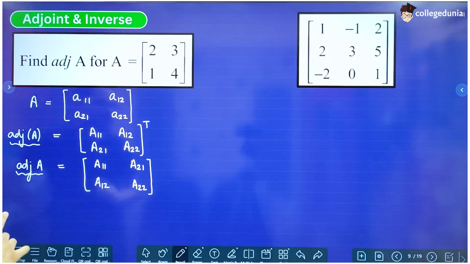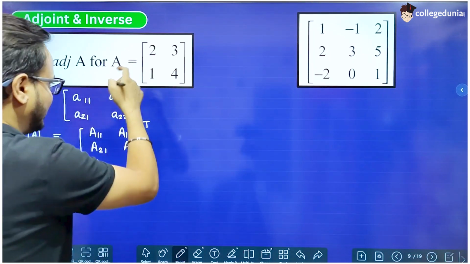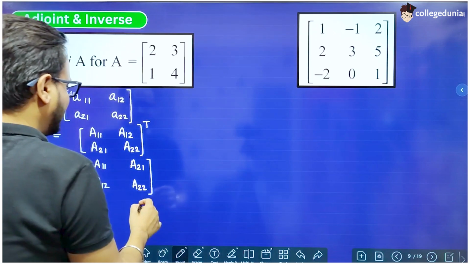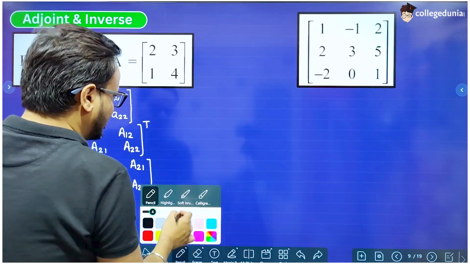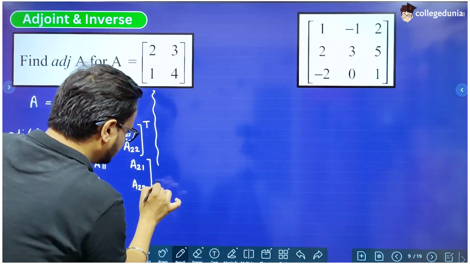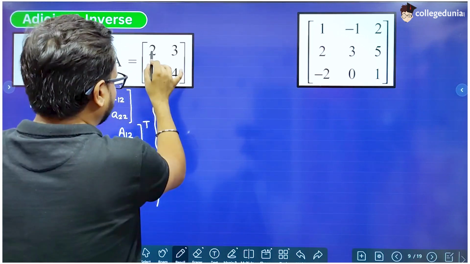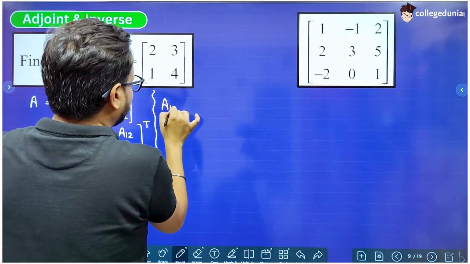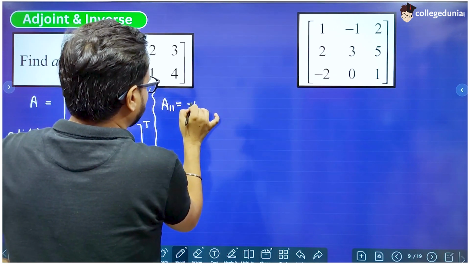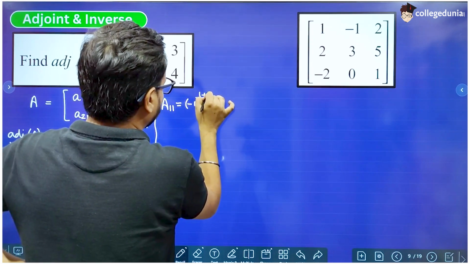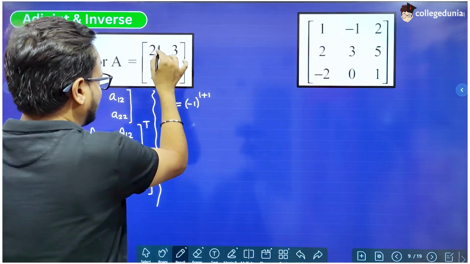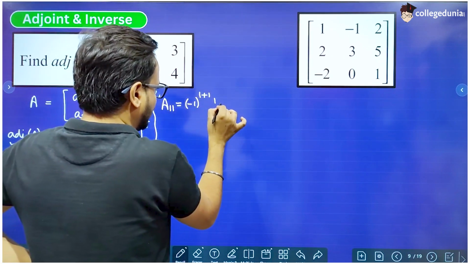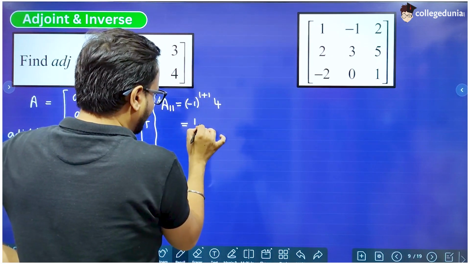So that is adjoint, right? For example, we have to find the adjoint of this one. So let's find the cofactors of the elements first. What is the cofactor of this element? Just write -1 to the power 1 plus 1 and leave this row and column. So this is 4, so the cofactor is simply 4.